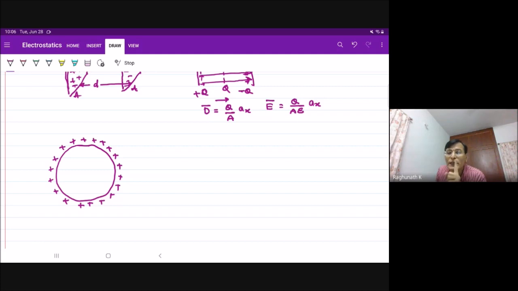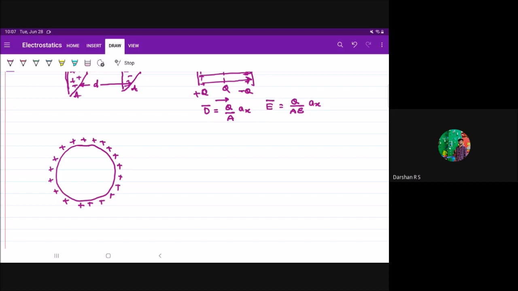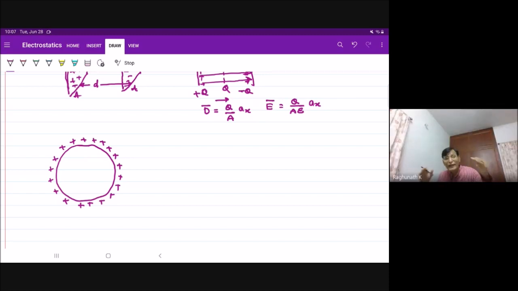This charge resides on the outer surface. Why not on the inner surface? Why not on the inner surface? We discussed it, I'm talking about it. Flux lines intersect at the origin. If they are there on the inner surface, they go towards the center because there should be radial lines.